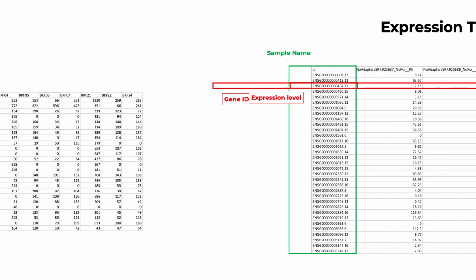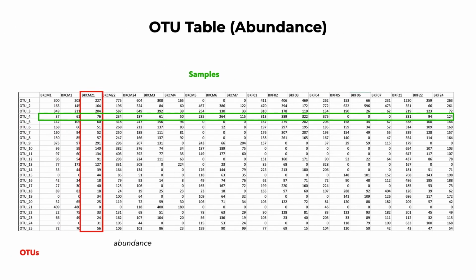In the case of metagenomic data, we look at operational taxonomic units. So 16S ribosomal RNA amplicon, which means that these are only regions that are amplified, metagenomic sequencing data. We have a table of OTUs, or operational taxonomic units, also across samples, with proportionate abundance in each microbial community.